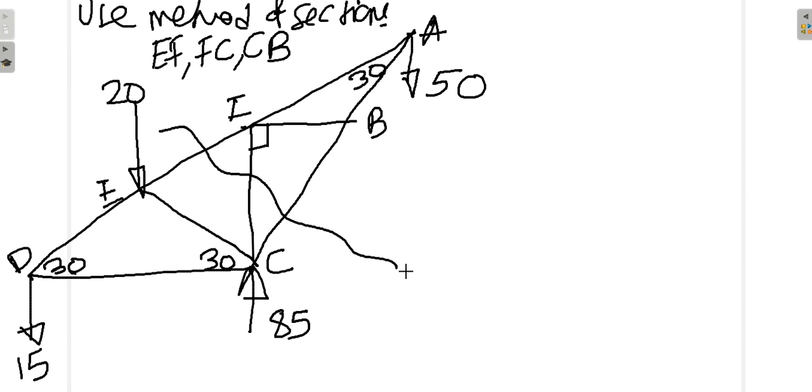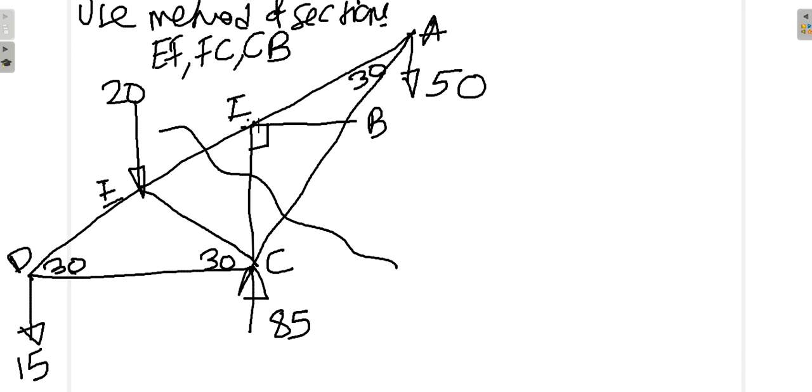Now let us look at the method of sections. We have to use moments. So let us look at a particular point at which a number of forces are coinciding. For example, at point F the force EF and force CF are both coinciding.